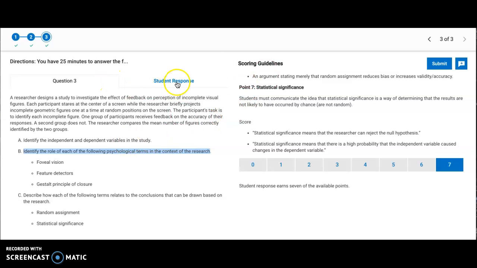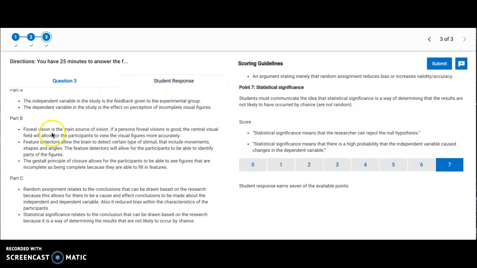All right. So she said, foveal vision is the main source of vision. If a person's foveal vision is good, the central visual field will allow participants to view figures more accurately. Good. So foveal vision is all about accuracy and clarity of your vision. So using the words like seeing the visual figures clearly or accurately, that's all perfect.